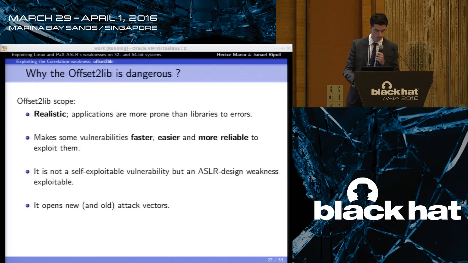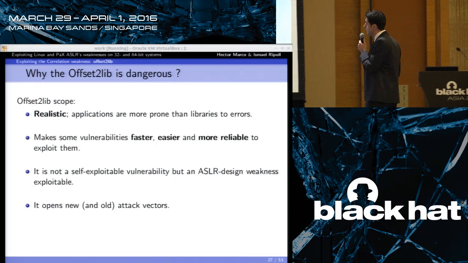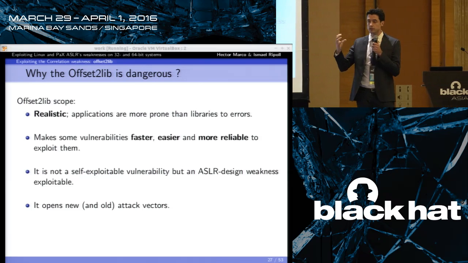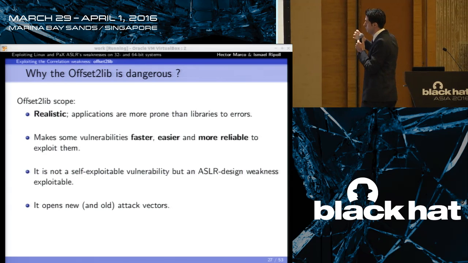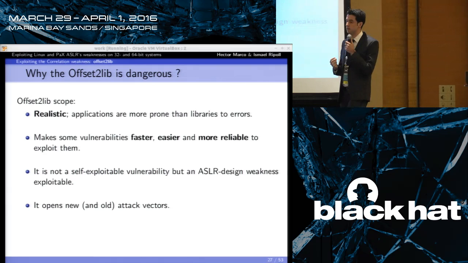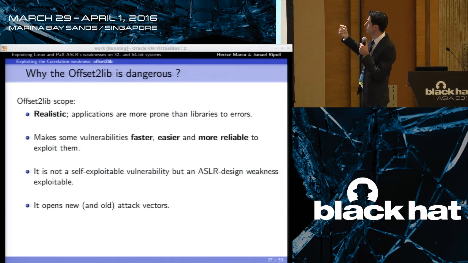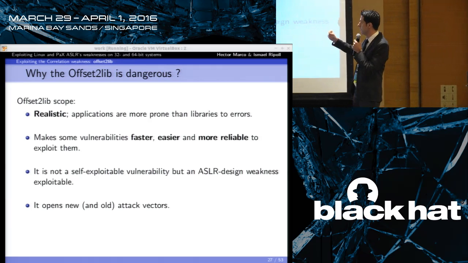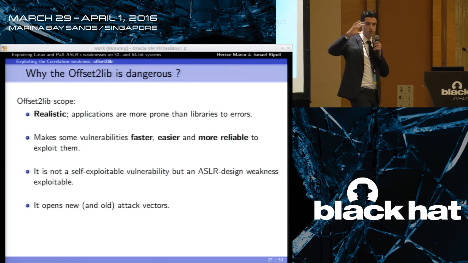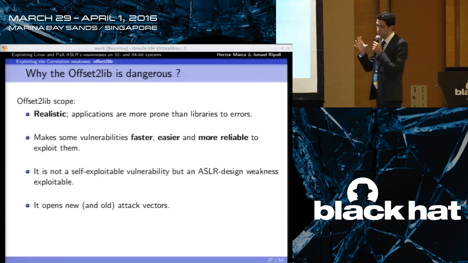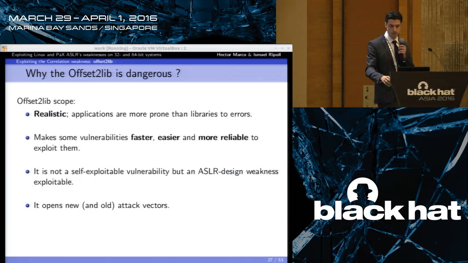Okay, just 1 second. So this is not a vulnerability exploitable by itself. It's more like information that the attacker can use to do an attack faster or more reliably. Okay, I'm not saying I'm going to use this to bypass ASLR in all systems. In the end it depends on a lot of things.